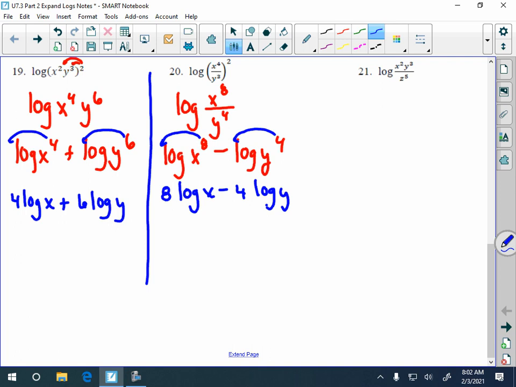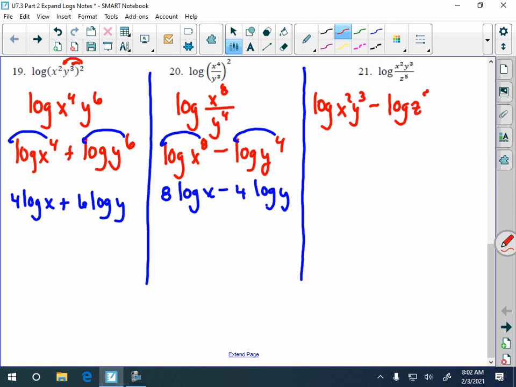All right, and then the last one, 21. Here we have a fraction, so again, that'll go to subtraction. Then we have two things being multiplied together right here, the x and the y. So those two will expand to addition, two more logs.